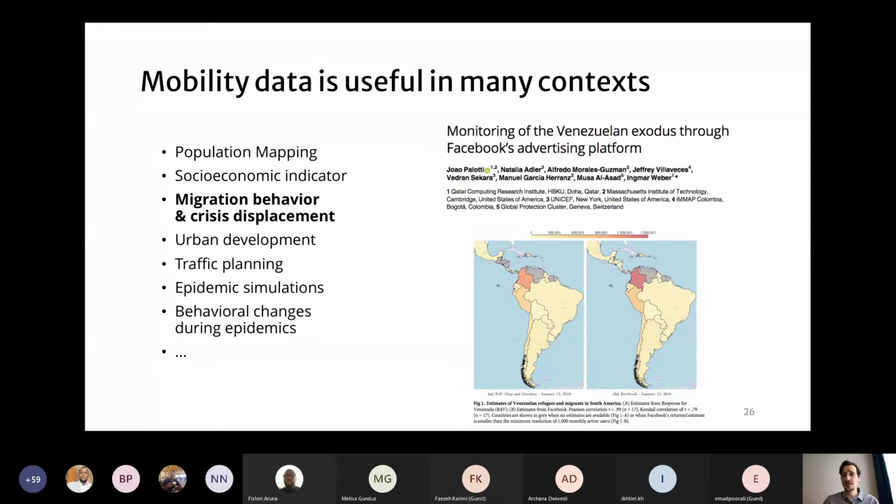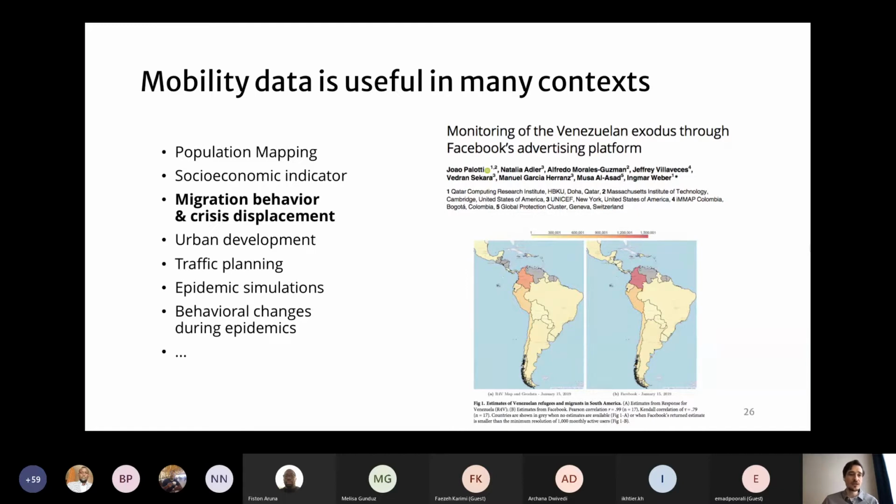For example, this is a recent study done in part by UNICEF, where they monitored the migration from Venezuela in 2019, based on Facebook posts and Facebook data, and could accurately reproduce what was gained from surveys.